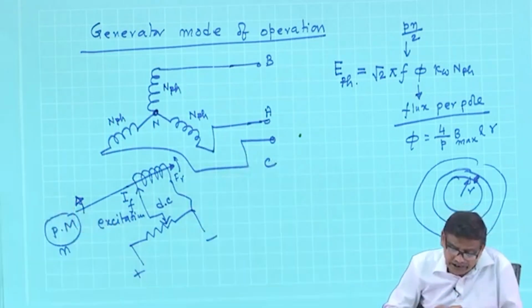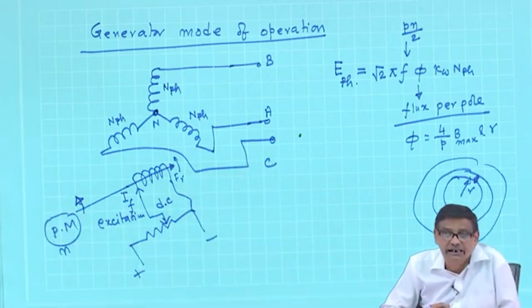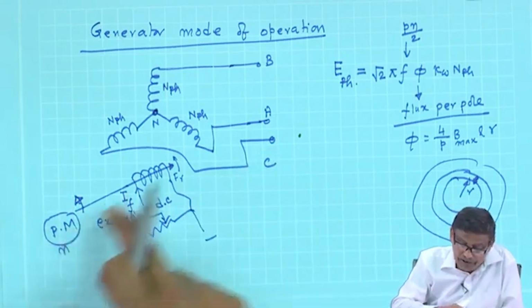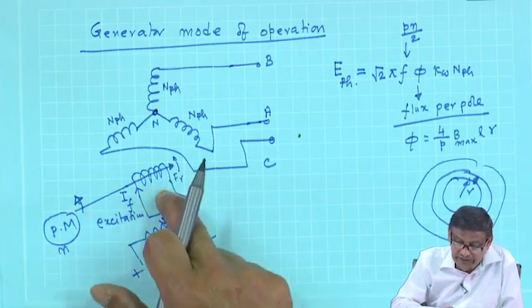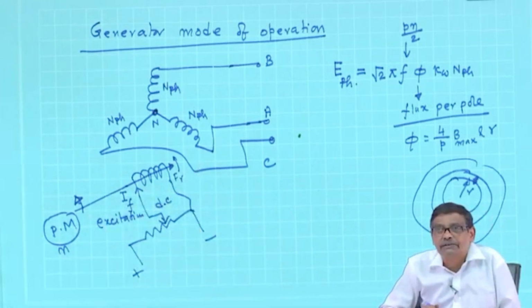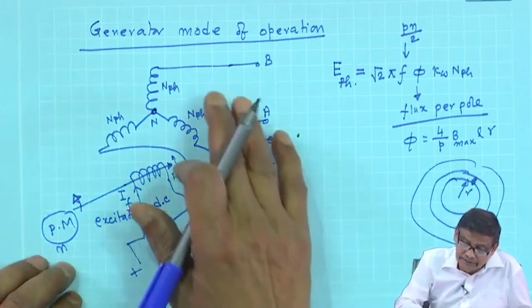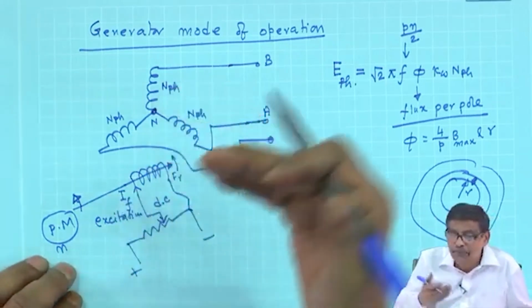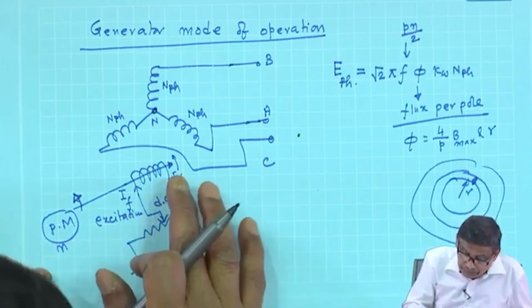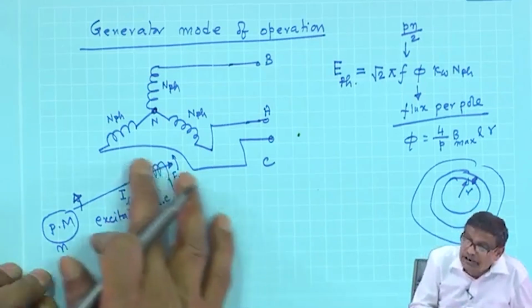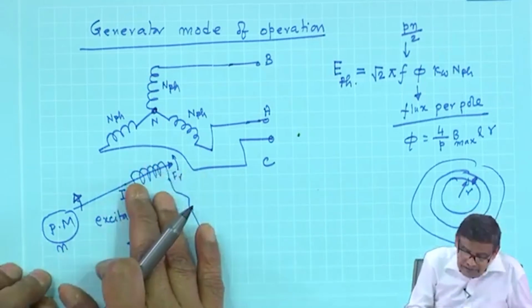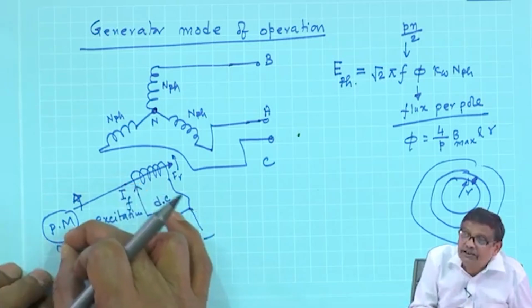Acha, at this point, tell me how much is the torque the prime mover has to exert on the rotor to rotate it? 0 torque, because there is no opposing torque. If you neglect friction, if you want to rotate this rotating mass, then a little power is required.